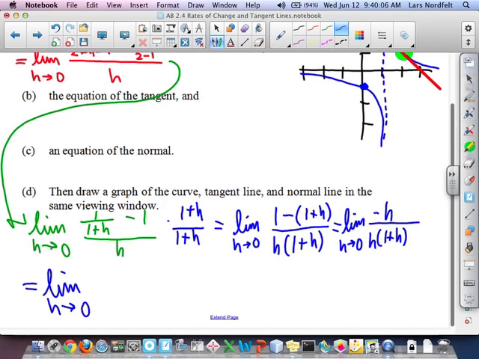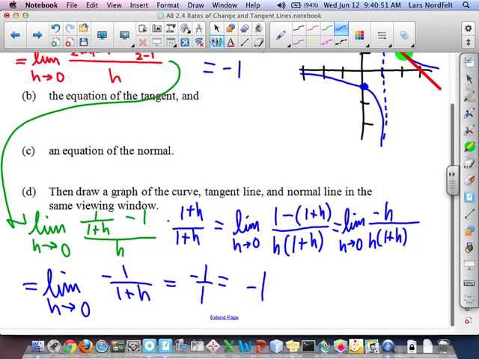Yeah, cross out the h's. So I'm left with negative 1 over 1 plus h. When I crossed out the h's, I eliminated the 0 over 0 problem. It's those two h's that made it 0 over 0. But now they're gone. Now I can evaluate this expression by substituting 0 for h. Negative 1 over 1, which equals negative 1.